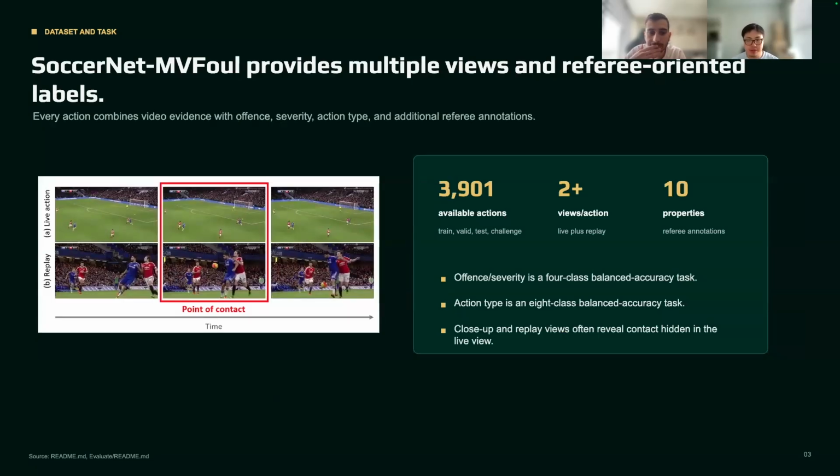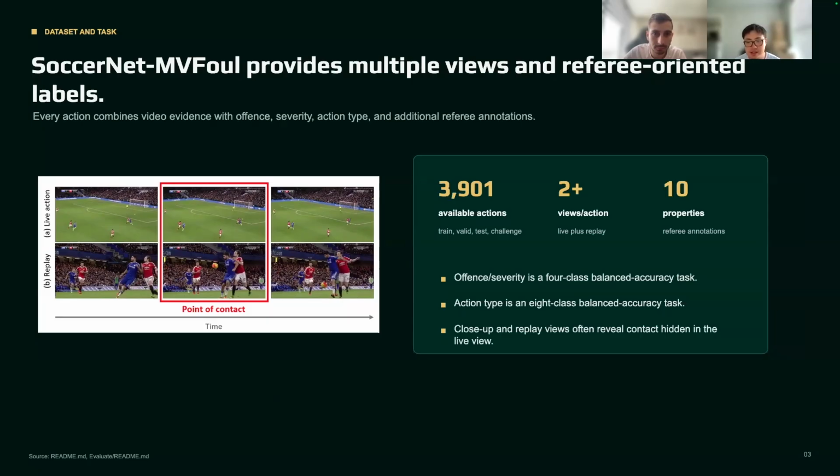Okay, so we use the SoccerNet MV-Foul dataset, which is designed specifically for automated football referee tasks. It contains roughly 3,900 available actions across the training, validation, test, and challenge splits. Each action contains at least two views.